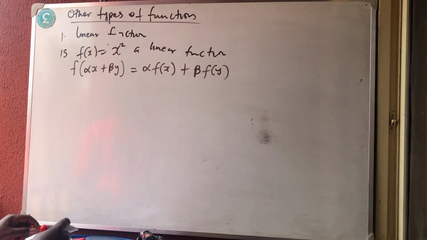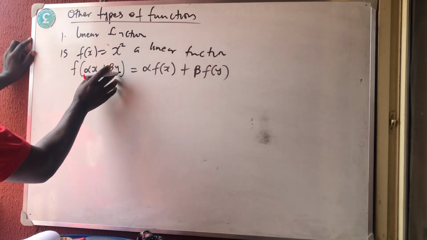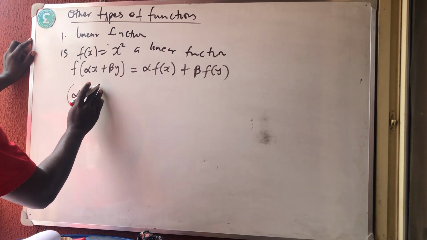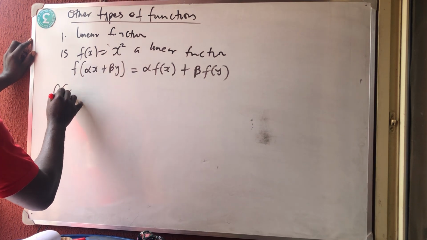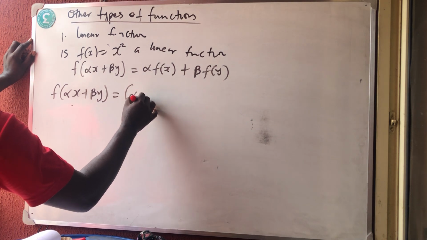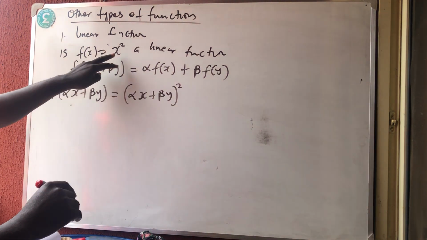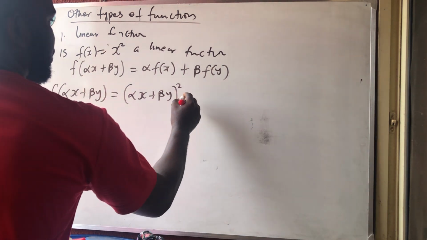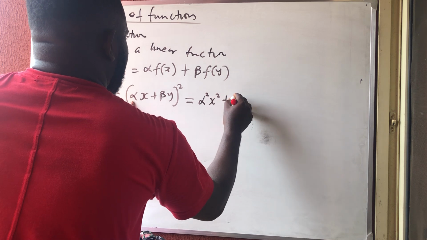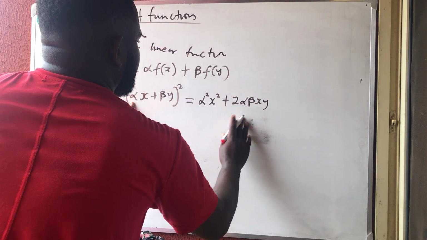For f of alpha x plus beta y, anywhere you see x, just put this thing: alpha x plus beta y all squared. If I clear, I'm going to have this squared: square the first one, multiply the first one and second one, double it, square the last one.